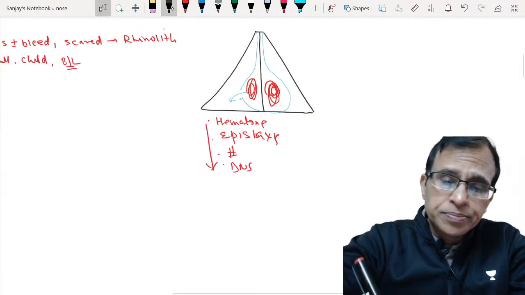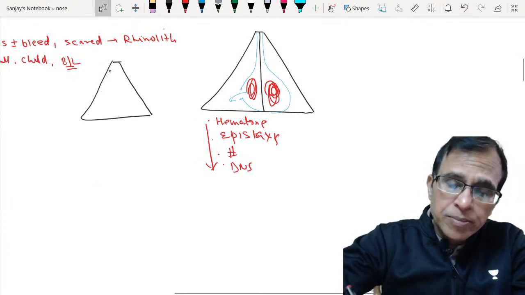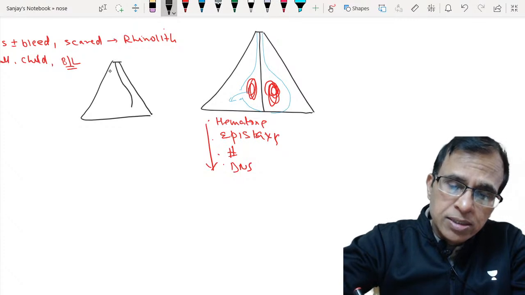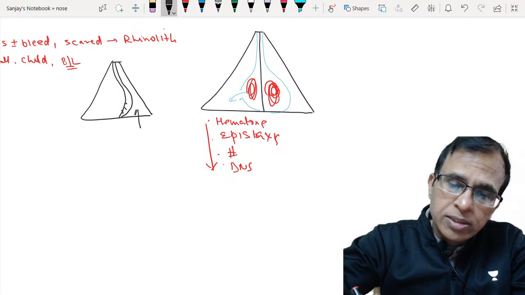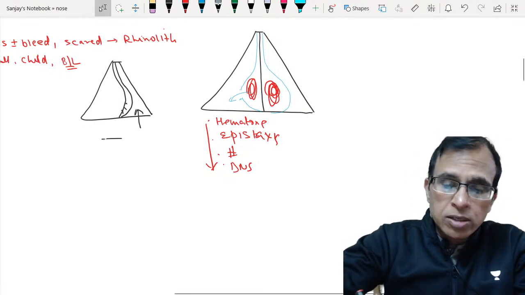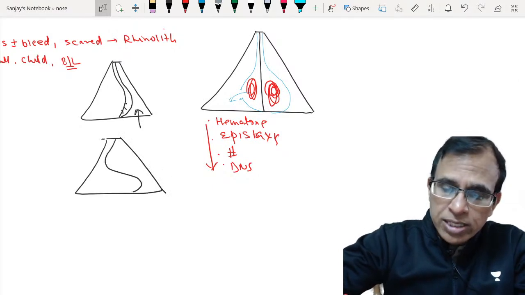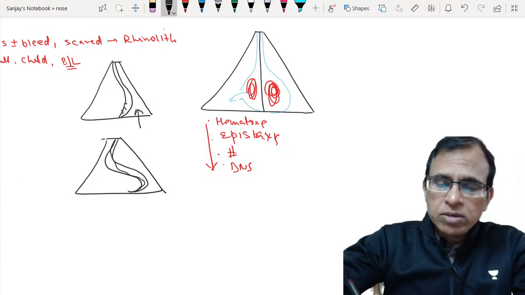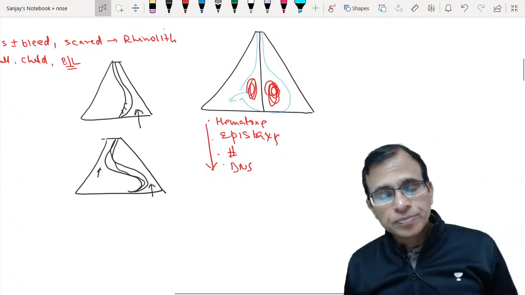Now, one thing about DNS is, let's say this is the nose. Now, if you have a DNS like this, then it will cause obstruction only on this side, one side, unilateral obstruction. But if you have an S-shaped deviation that goes like this, which is pretty common, now it will cause obstruction on this side also, and from here, this side, bilateral obstruction.